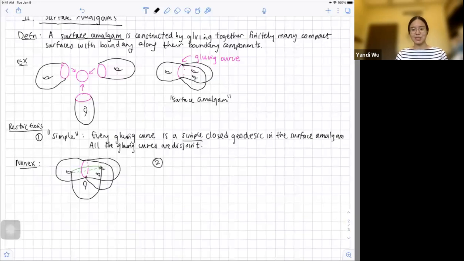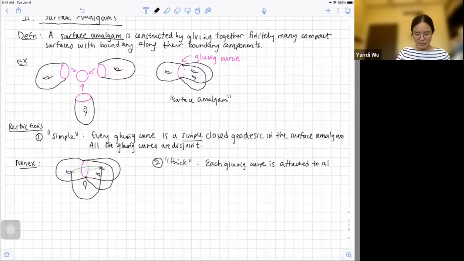The second assumption is that you need the surface amalgam to be thick. This basically means that each gluing curve is attached to at least one other boundary component.